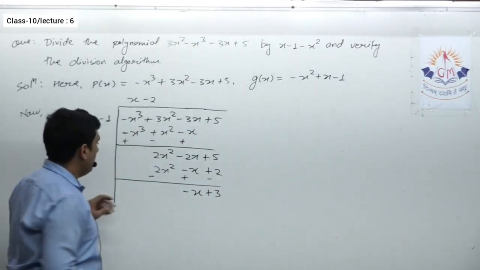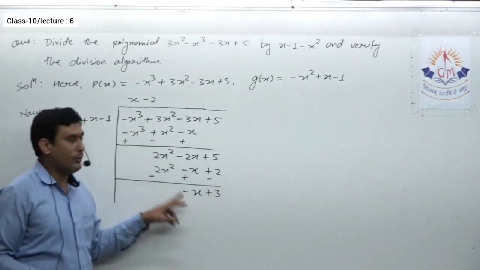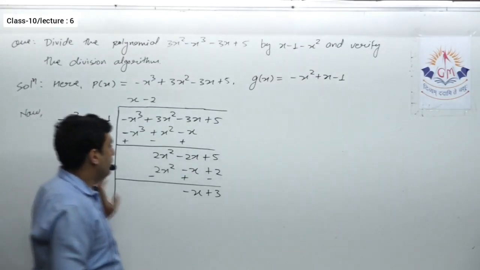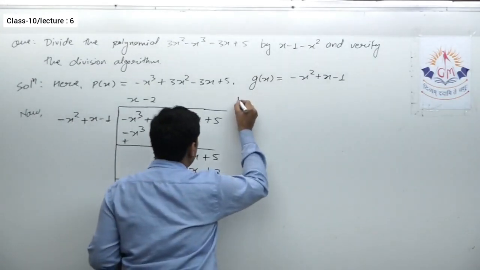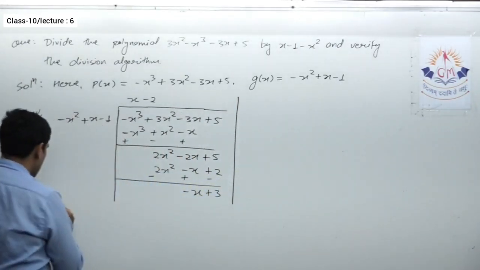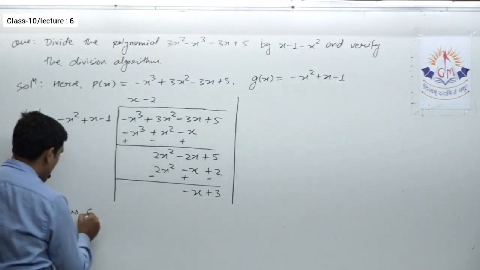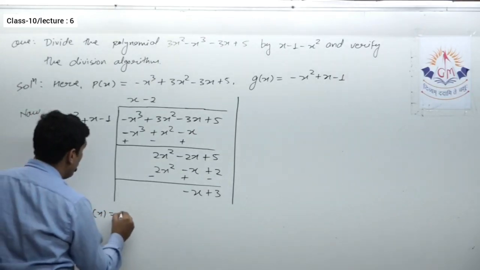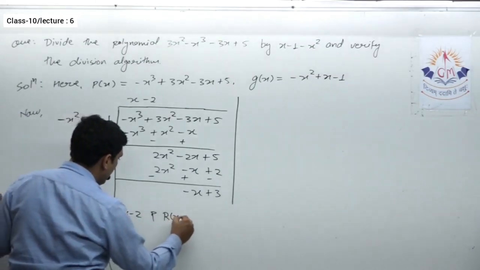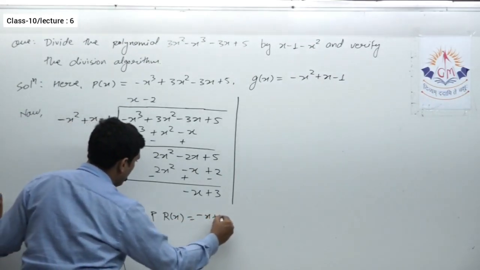This is the remainder, because the degree of the remainder polynomial is less than the degree of the divisor polynomial. So the quotient q(x) is x minus 2, and the remainder r(x) is minus x plus 3.